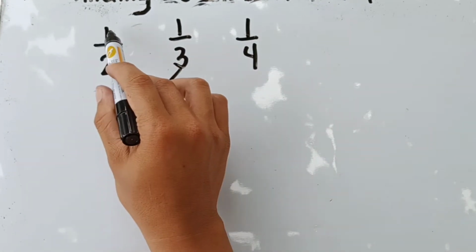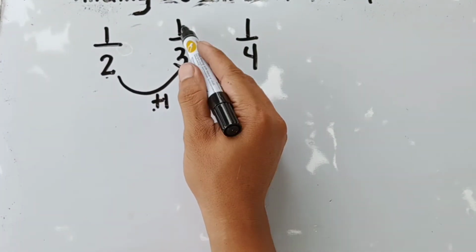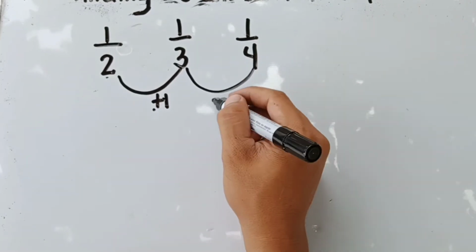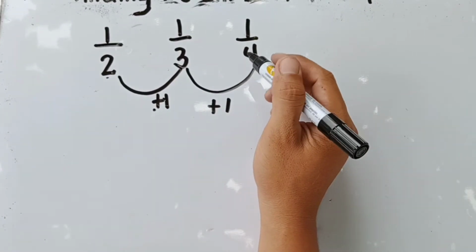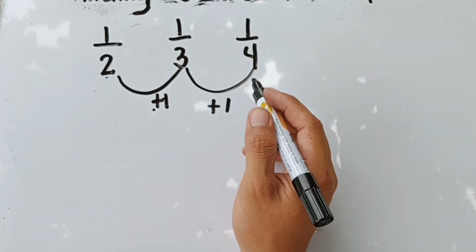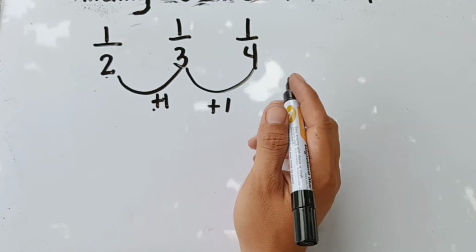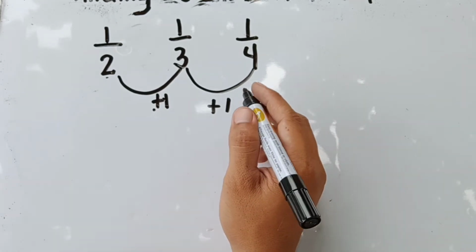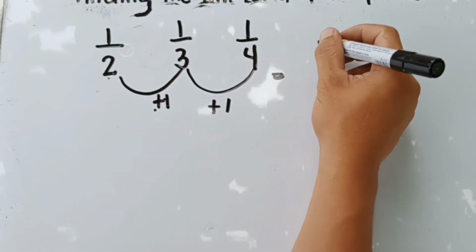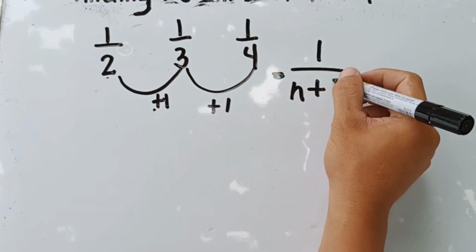So we have 1 over 2 plus 1 becomes 1 over 3. 1 over 3 plus 1 becomes 4. Since we have learned in our previous example about the rule for consecutive numbers or sequence, we can just simply use 1 over n plus 1.